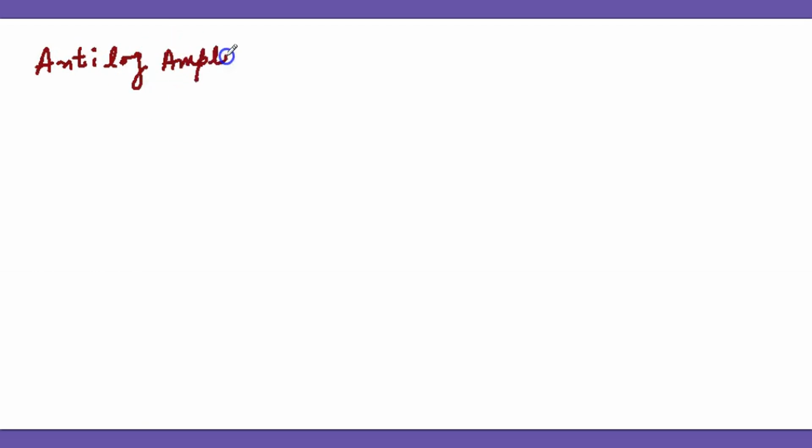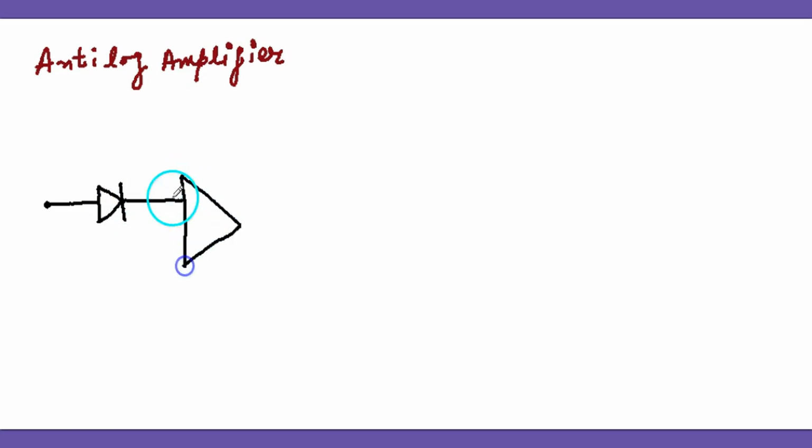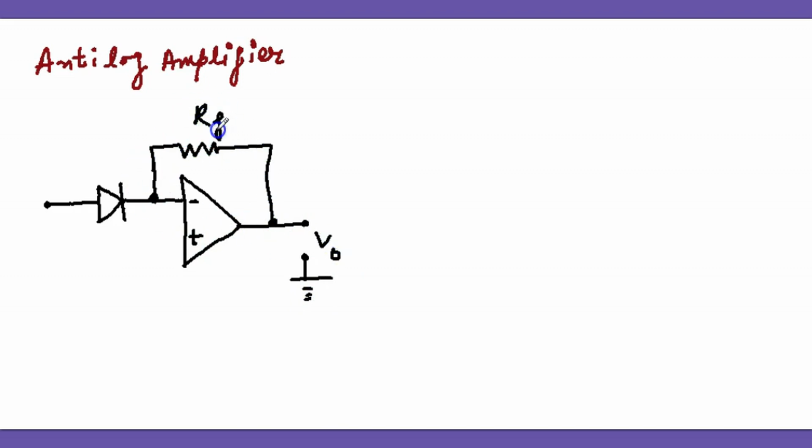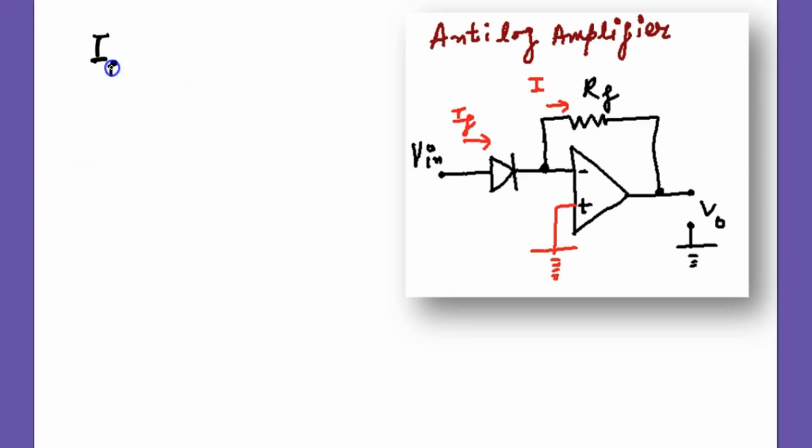Now we'll discuss how the op amplifier can be realized as an anti-log amplifier. This is a diode, and the diode is connected to the inverting terminal, the output, and here the feedback resistor RF. Vin is applied here, and the current flowing is the diode forward current IF, and I will be equal, and the positive terminal is grounded.